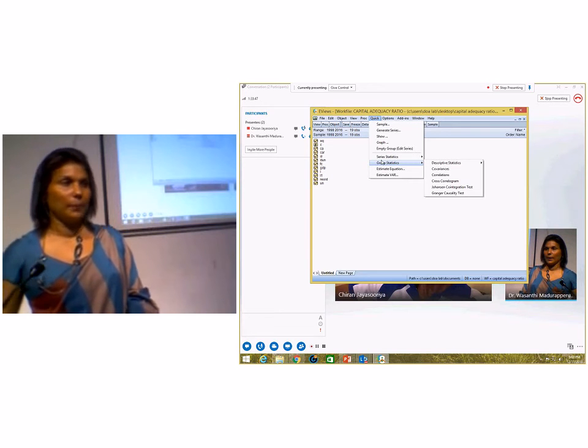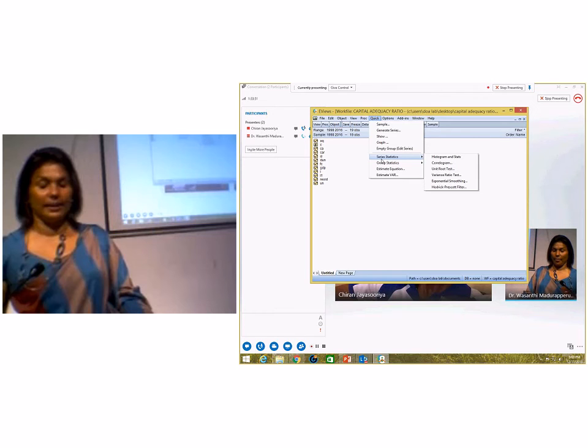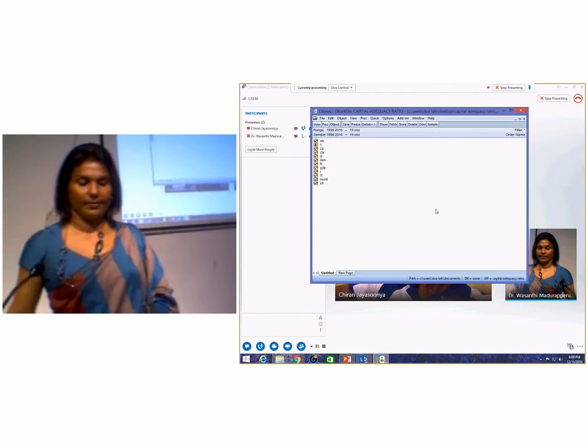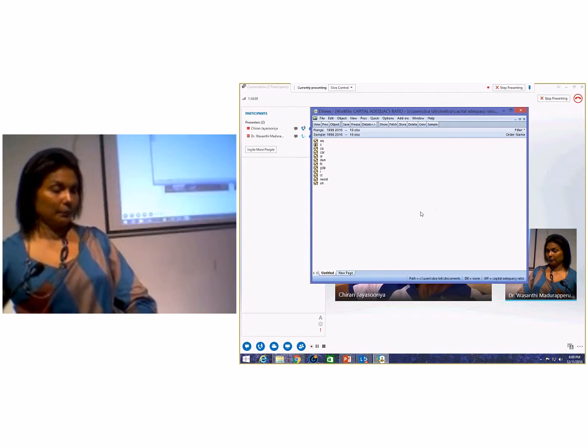Right, so do the same for all the variables in the model you are considering.